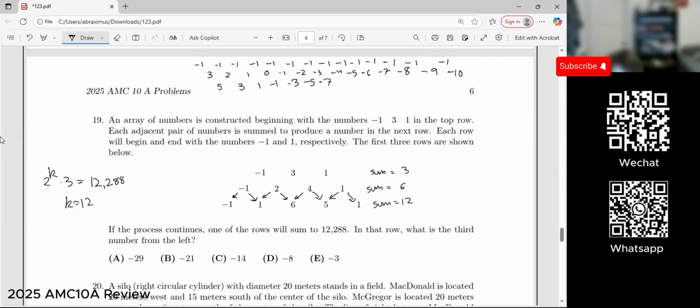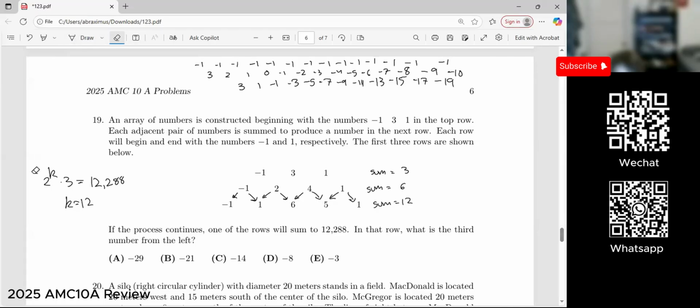Yeah, okay. -7, -9, -11, -13, -15, -17, -19. In that row, what is the third number from the left? What the heck did I mess up? Yes, because this should be a 1.